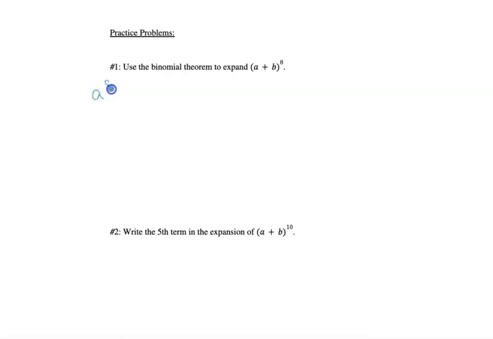We're going to have coefficient of 1, a to the 8th, b to the 0, plus coefficient of 8, or coefficient of the second term is always the total exponent.